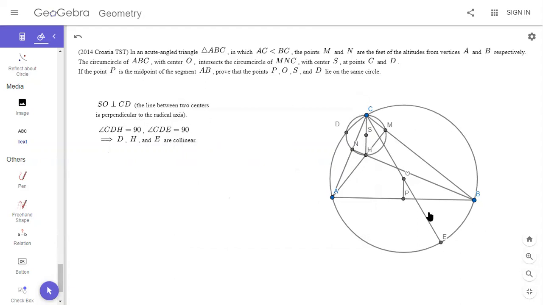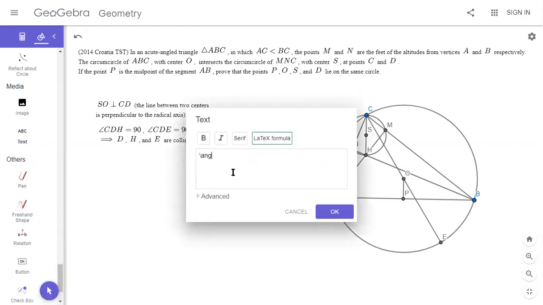Because angle CAE is 90, AE is parallel to HB and BE is parallel to AH. All right, so I did a super quick proof of this fact.